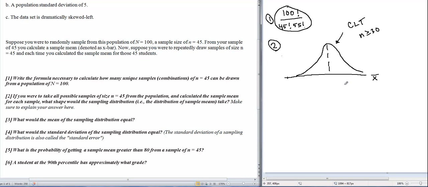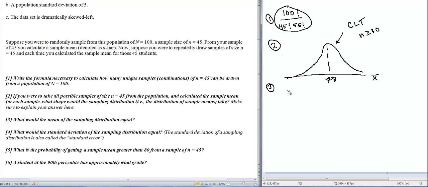Moreover, number 3, what would the mean of the sampling distribution equal? The other property that we know is that the mean of all possible sample means has to equal the population mean, which I mentioned above was 78.